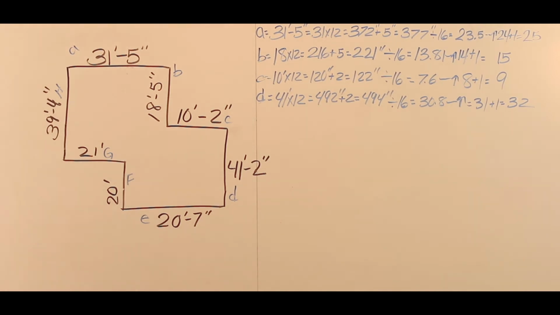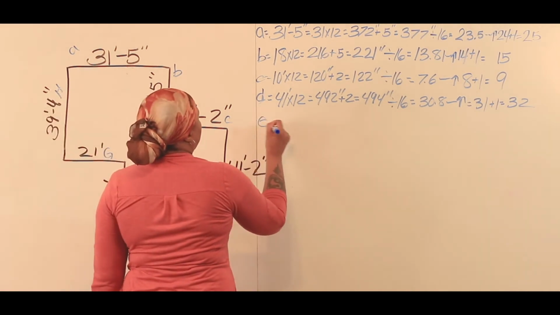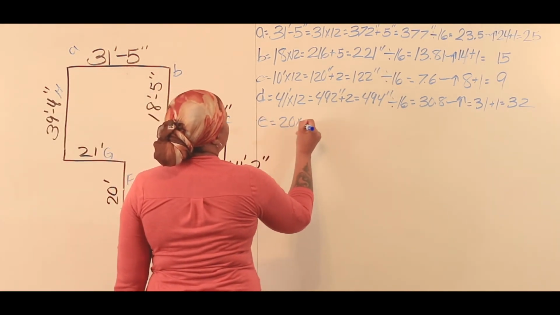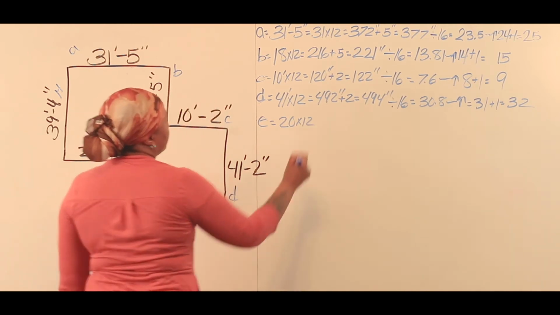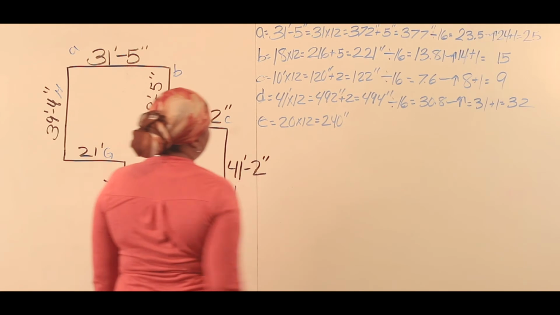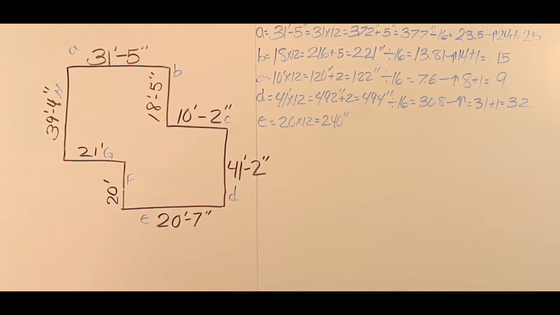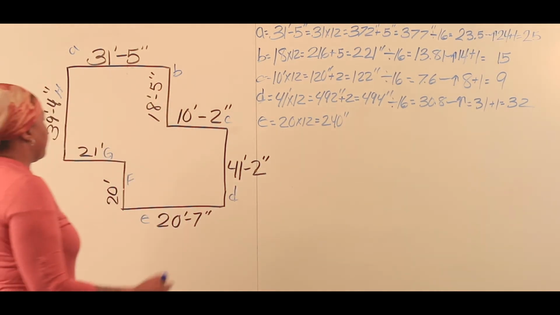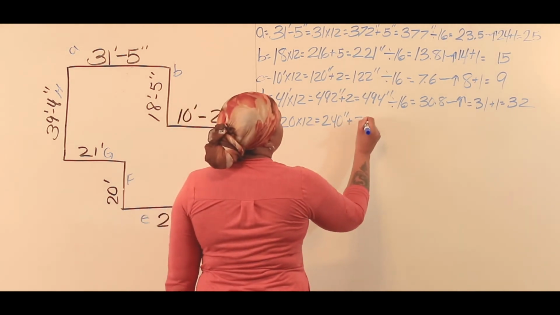For E, we got 20. 20 times 12 feet to inches is 240. And what do we do with that 240? Add the 7. When we do, we get 247.